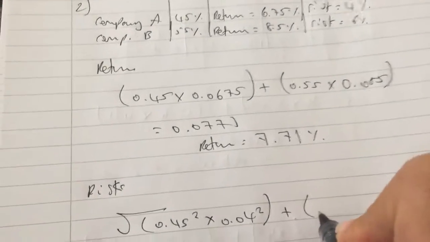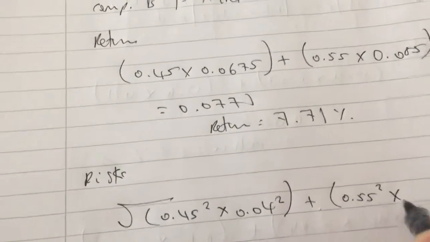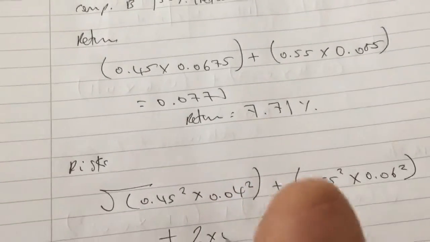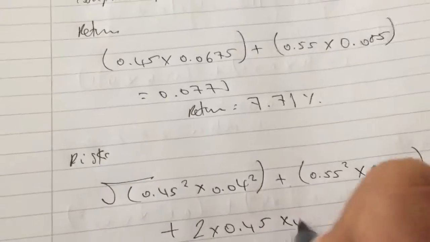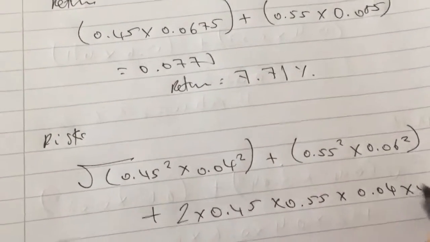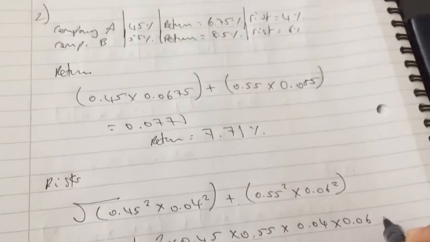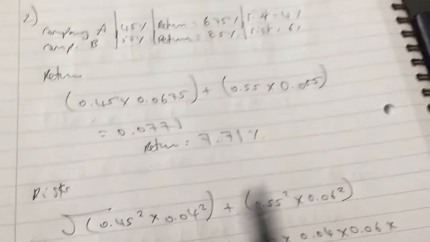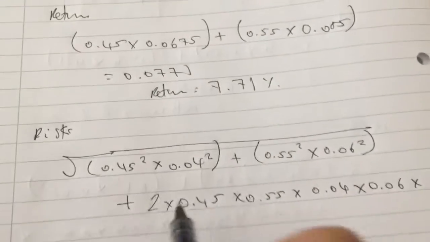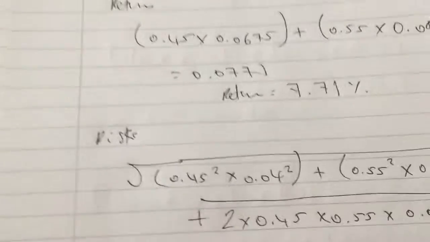Weight in company B is 0.55 squared, multiplied by the risk in company B, 0.06 squared, plus 2 times both weights, times both risks, and multiply by the correlation, which the question gives as positive 0.72. All of this is square rooted. So 3 values in our square root.